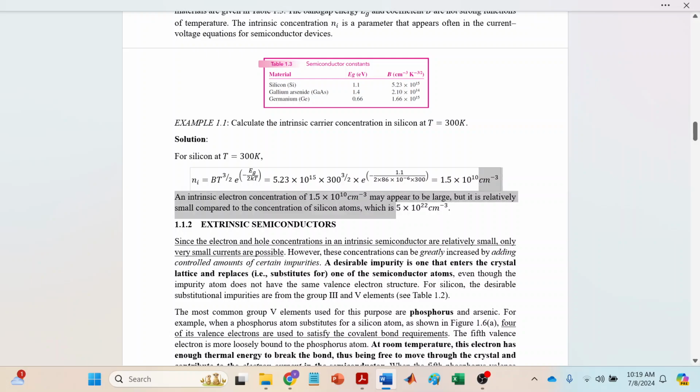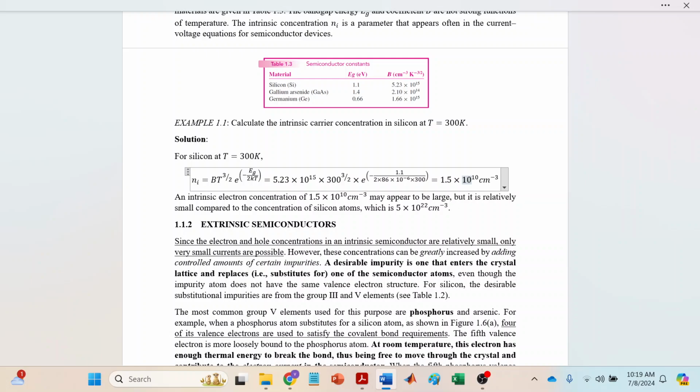So the intrinsic carrier concentration as a result of thermal energy, when the temperature is increased, the number of holes and electrons we can get is not very good in the intrinsic case.